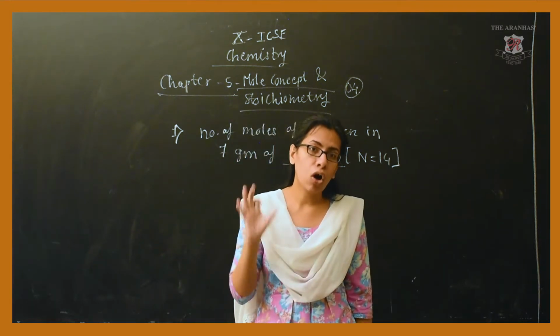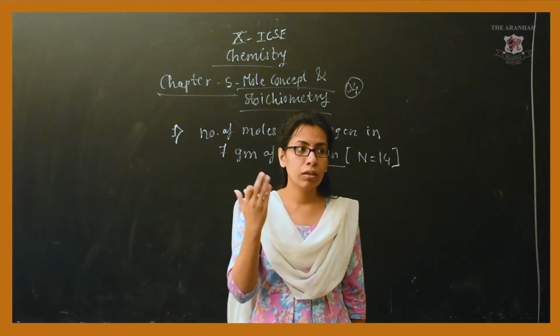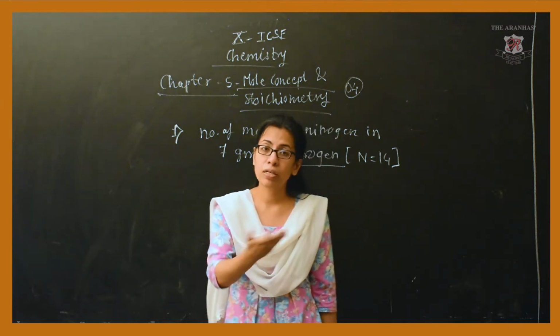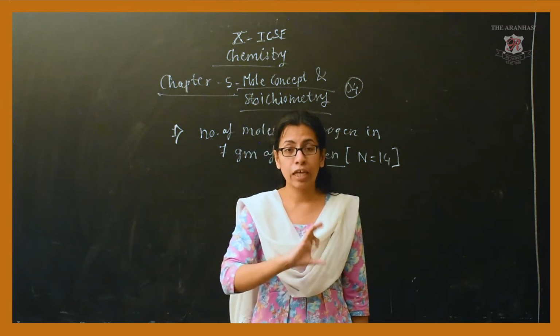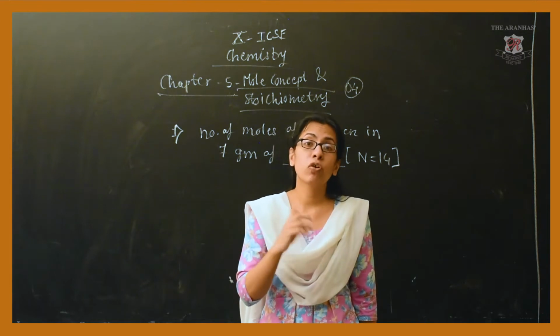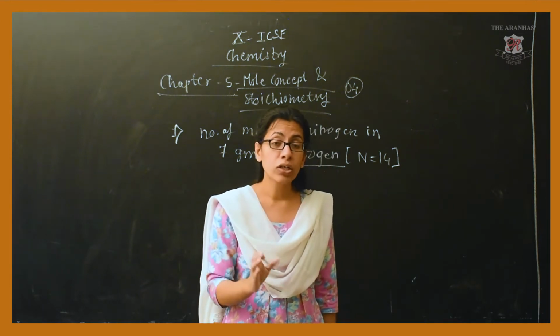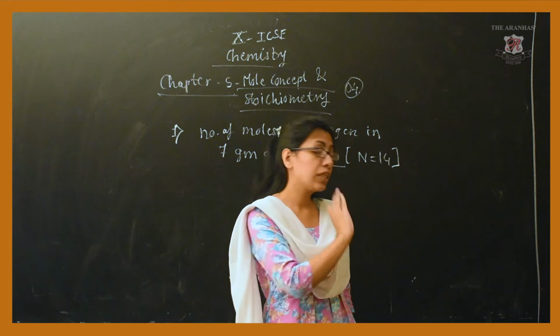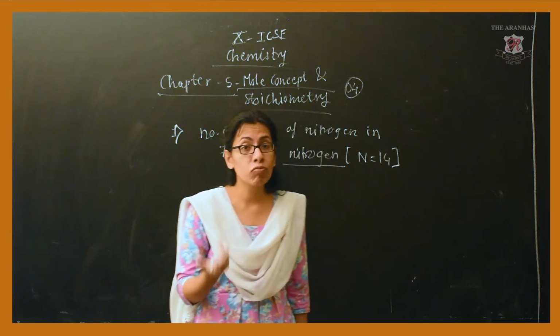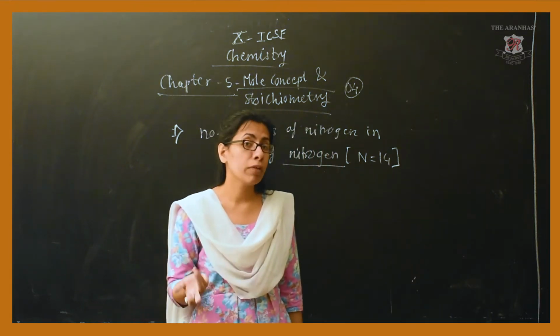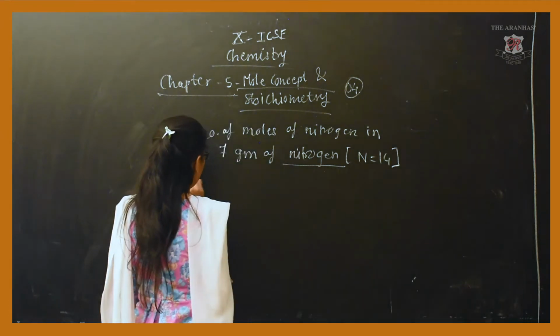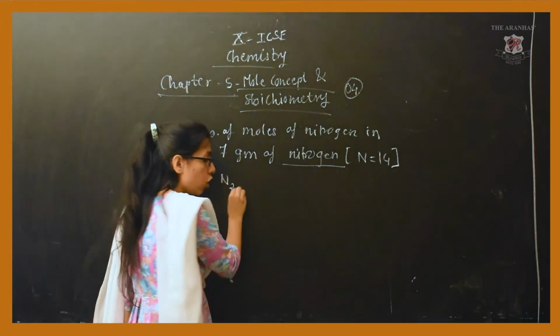We have cleared these concepts last year as well as in the previous chapter, chemical bonding and the types of bonds. So you already know that nitrogen exists in diatomic form.